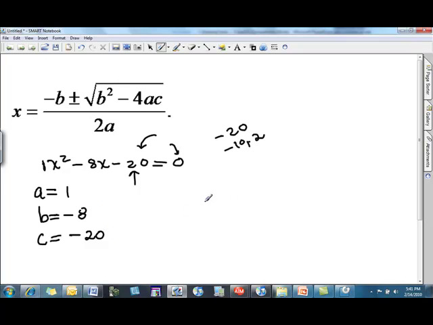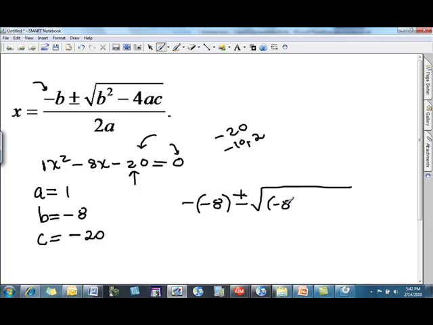All we do now is plug them into the formula. So here we have minus B. So we'll have this minus that's already there, and then the B, which is -8. So we end up having two negatives on that one. We have plus and minus the square root, and we put our b squared, which is -8 squared.